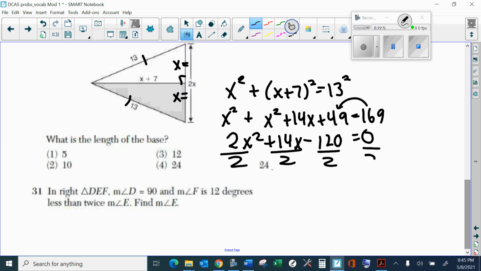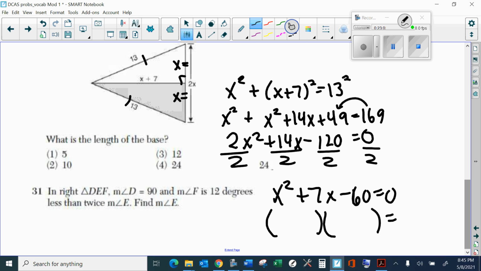This is Algebra 1 review. So I have x squared plus 7x minus 60 equals 0. Now I factor it, or use the quadratic formula, or with a graphing calculator, plug in the first equation as y1, y2 equal to 0, and then do second calc, number 5, intersect.